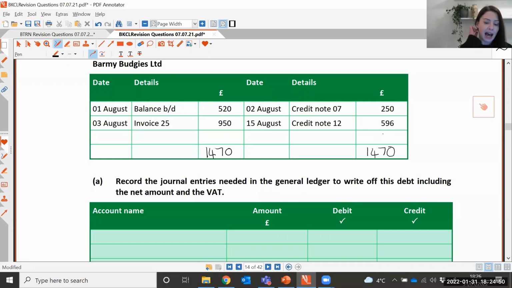Yeah, and then what would we do? Yeah, the balance carried down. So where would we put the balance carried down? On the credit side, yes, on the lower side.